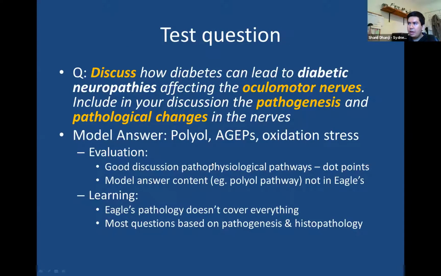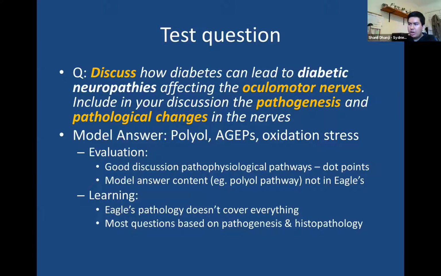So my test question was: discuss how diabetes can lead to diabetic neuropathies affecting the oculomotor nerves, including in your discussion the pathogenesis and pathological changes in the nerves. The model answer was terrific. It discussed the different theories behind what causes a diabetic neuropathy, including the polyol pathway, the advanced glycosylation end products, and oxidative stress.